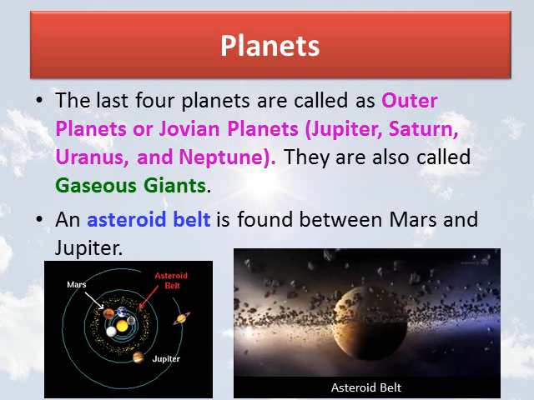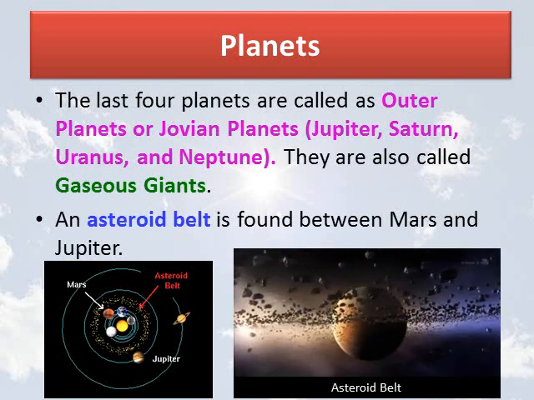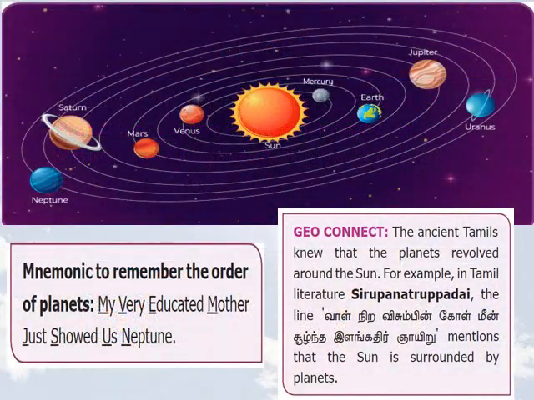Dear children, the mnemonic to remember the order of planets is: My Very Educated Mother Just Showed Us Neptune. Mercury, Venus, Earth, Mars, Jupiter, Saturn, Uranus and Neptune.